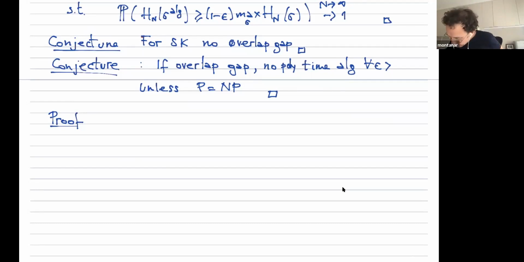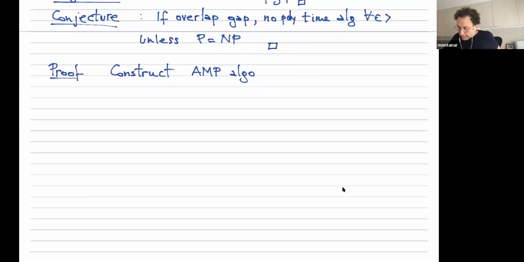We'll construct an AMP algorithm that is very similar to the ones that I described in the previous lectures.